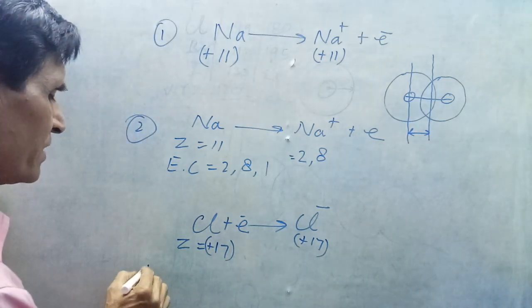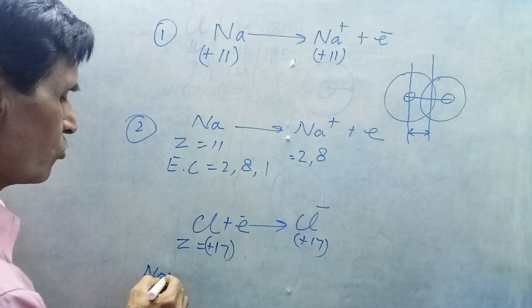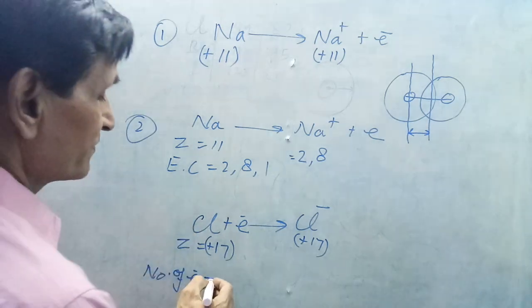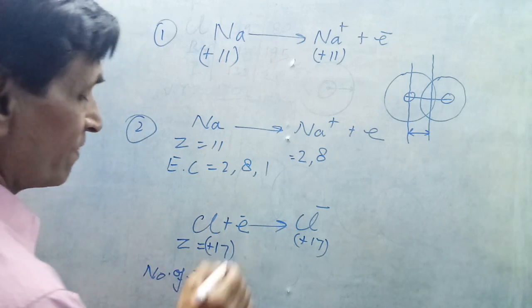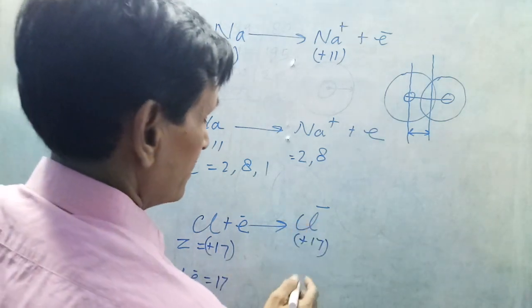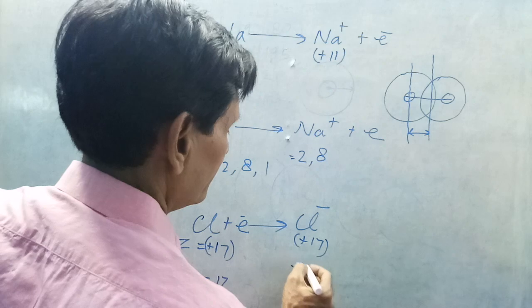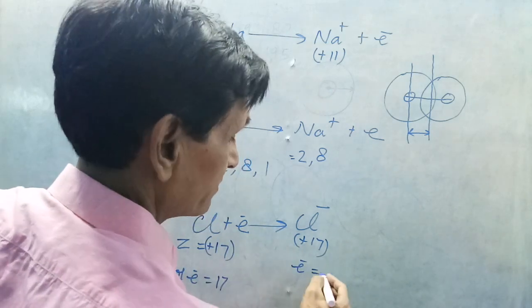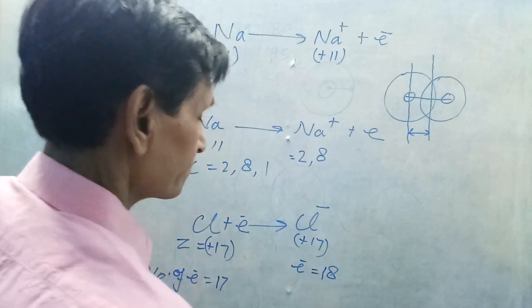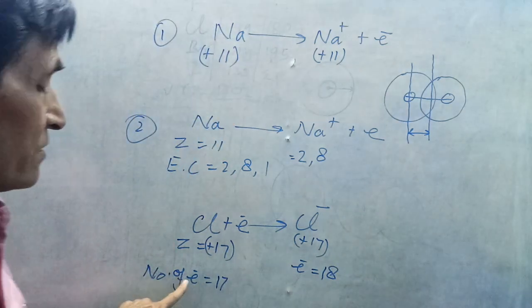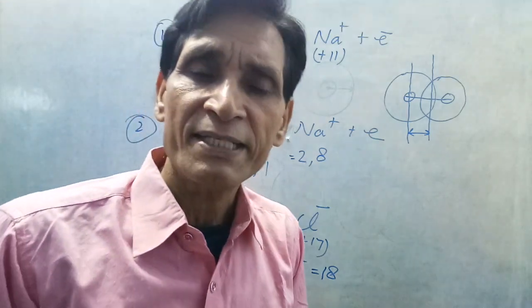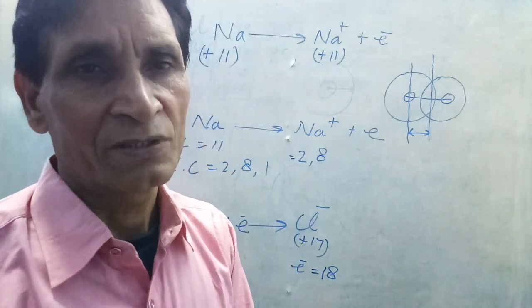But the number of electrons in the chlorine atom is 17, and in the chloride ion is 17 plus one more gained, 18.